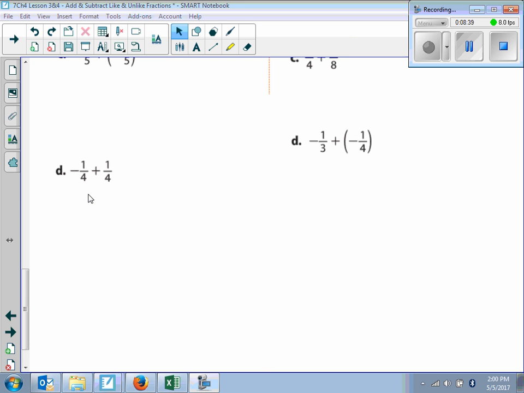All right, so here we have -4 plus +4. What do you know about that? Those are opposites. Those are additive inverses, right? And when you add a number plus its additive inverse, what do you get? 0.